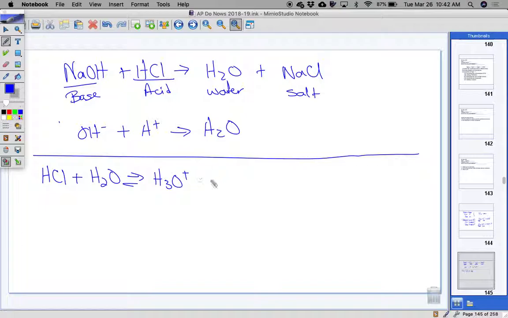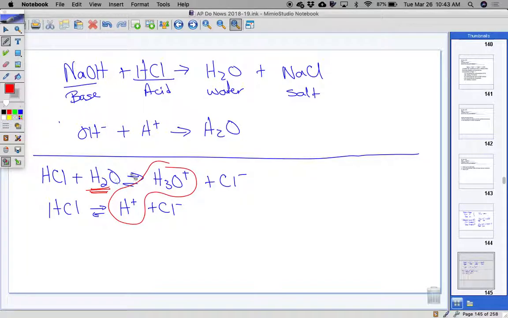They will either write it like this, or you can write it like that. This one's a strong acid, so I probably shouldn't write the equilibrium. My point being is that these two things are the same thing, okay? If you include the water in your reaction, you must include H3O plus on the other side, because that's how the H plus actually exists in solution. If you drop the water, then you can just put the H plus. Either way is fine.